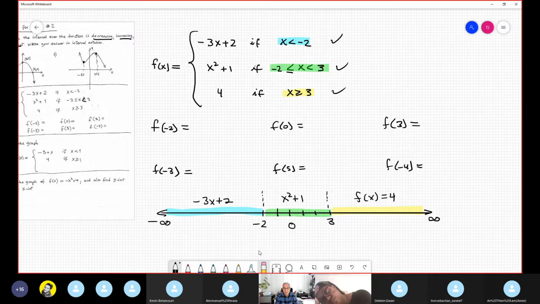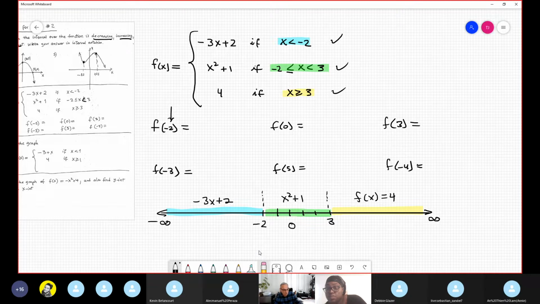Okay, let's do -2. Bam, bam. What interval does -2 lie in? In the blue, in the green, or in the yellow? Come on, tell me. It'll be x squared plus 1.